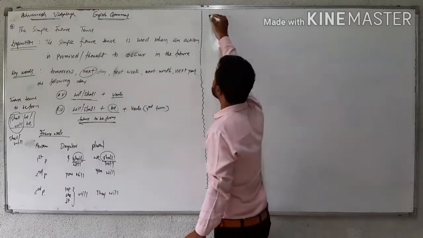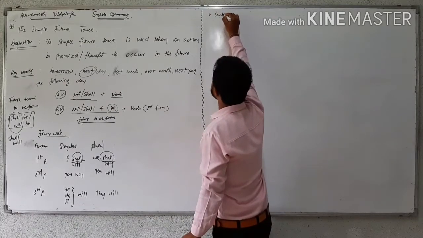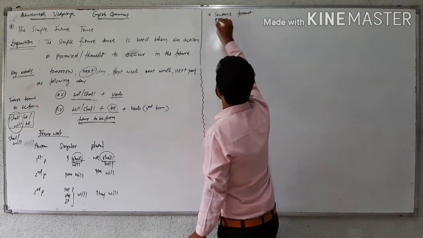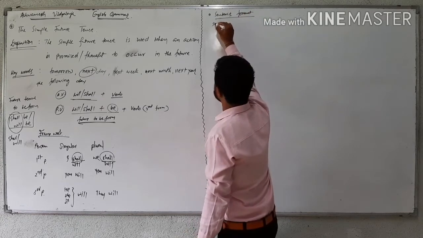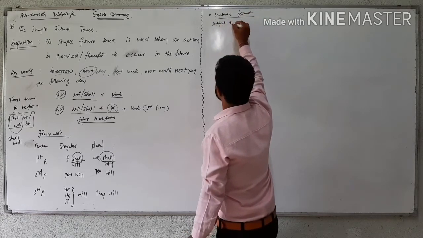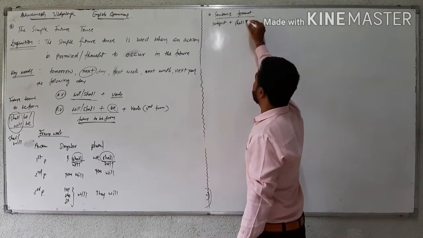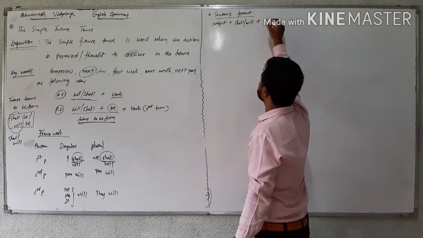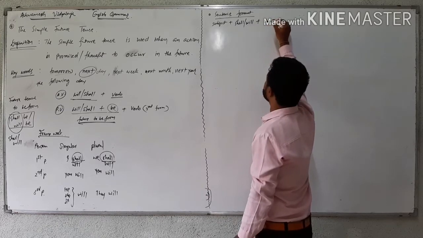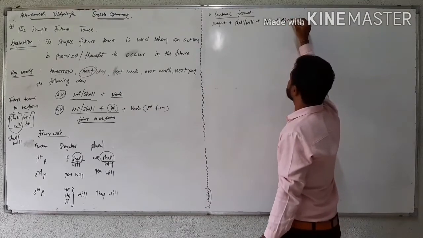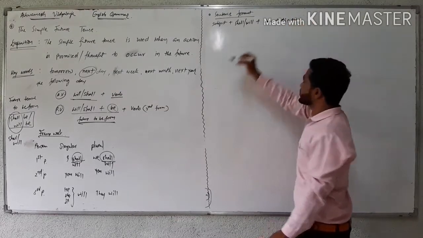Next, the sentence format. The sentence starts with subject plus modal auxiliary, the helping verb shall or will, plus the verb in its first form, the bare infinitive without "to", plus object plus other words, time words.